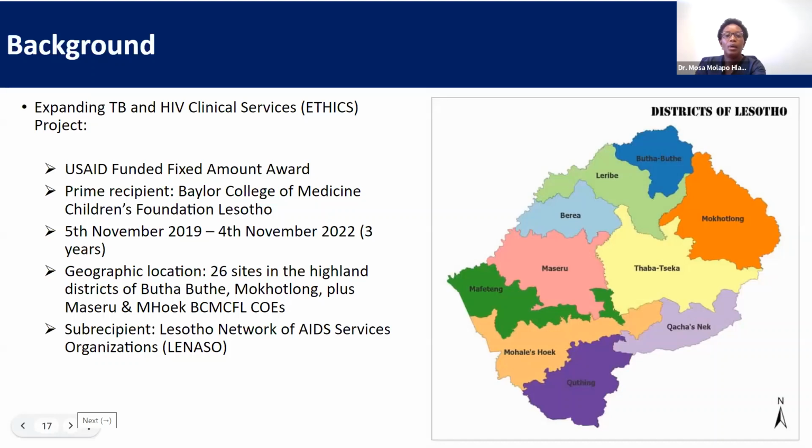So we are in the 2 highland districts of Botha-Bothe and Mokhotlong, and we support a total of 26 sites. Of those 26, 24 are in the 2 districts, whilst the other 2 are at the Baylor College of Medicine Children's Foundation Lesotho facilities, one in the city of Maseru and the other in the southern district of Mohale's Hoek.